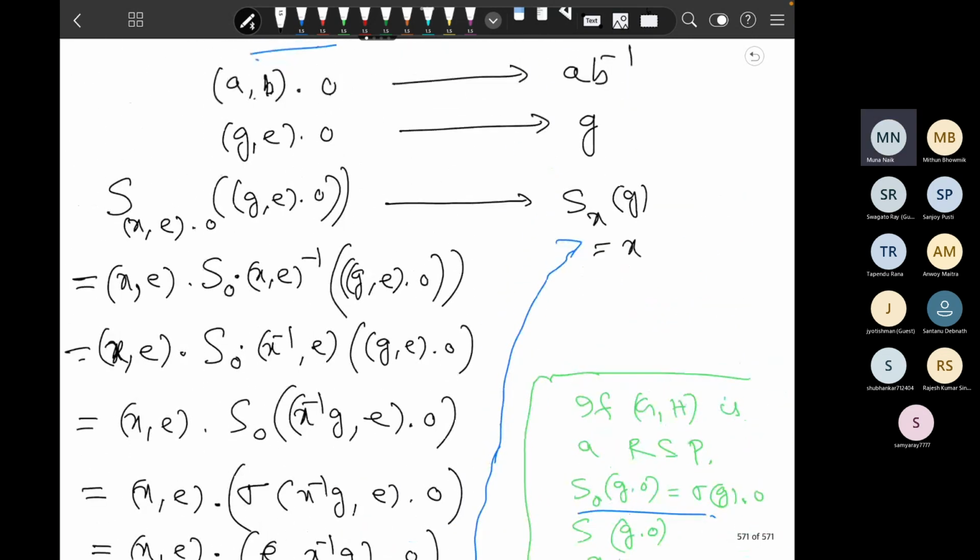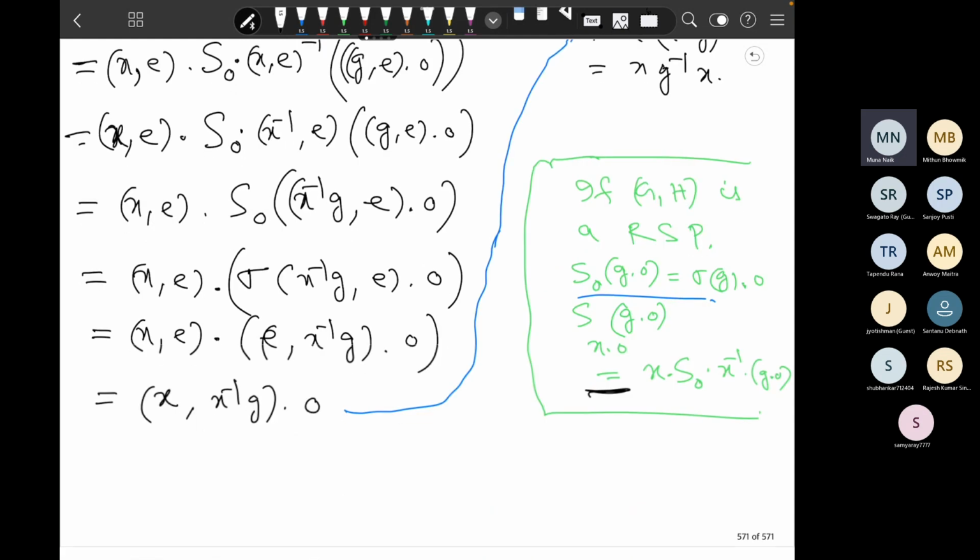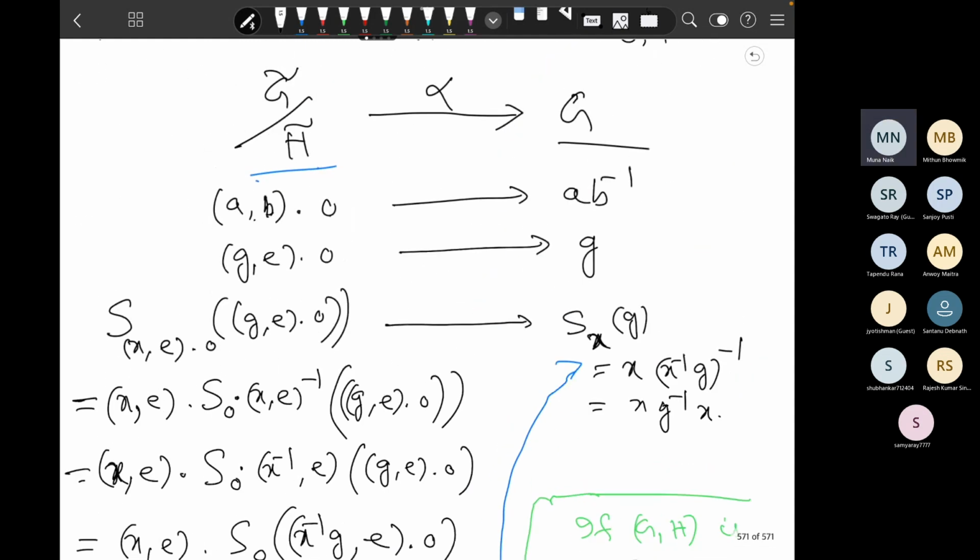This is really X inverse G inverse. So this is X G inverse X. So this is exactly the same thing which we have got for this case. Okay, this matches with the previous thing. Okay, so we are getting this thing now. Tapendu, is it clear? Yes, ma'am.